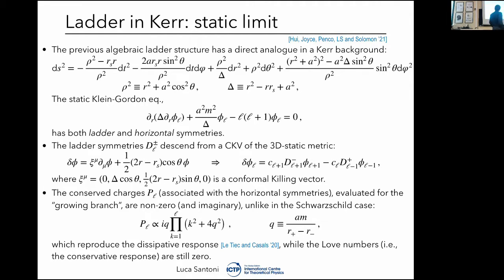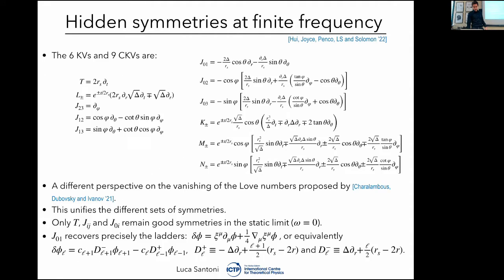Yeah, that's a good question. We have to be careful, because when people talk about the Killing tensor and symmetries of Kerr, these are symmetries of the Kerr geometry. Here I'm talking about isometries and conformal Killing vectors of an effective metric.